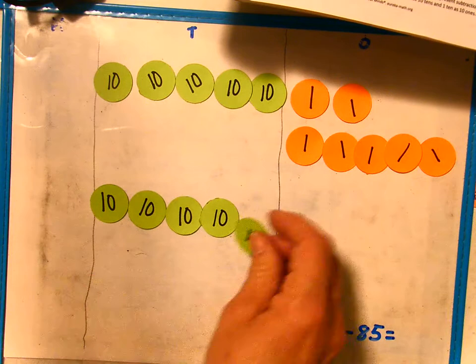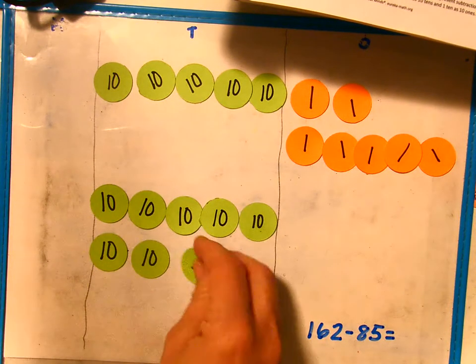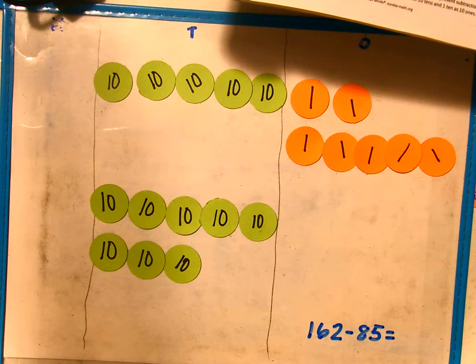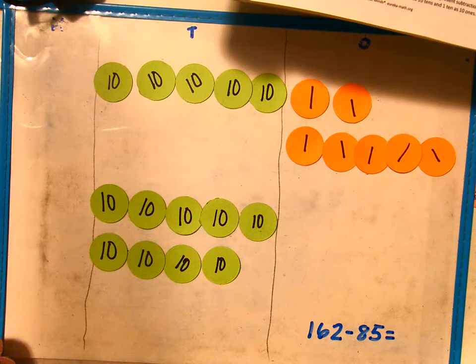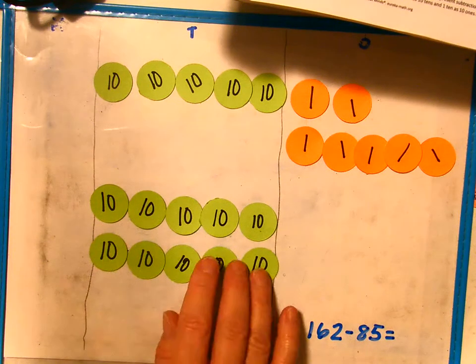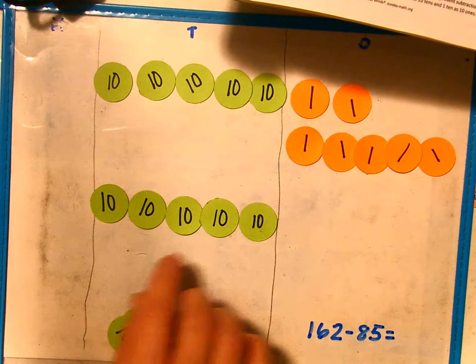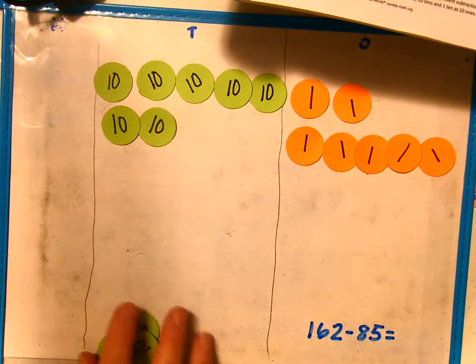So I'm taking the 100 and changing it into 10 10s. Now I can take away 8. So 5, 6, 7, 8. I'm just going to move those back up.